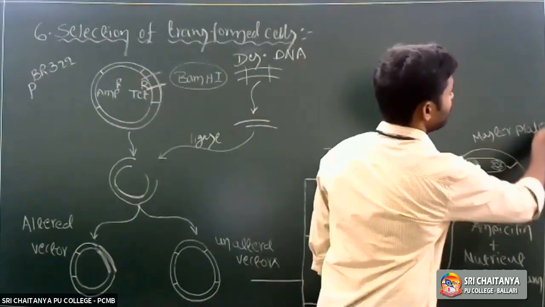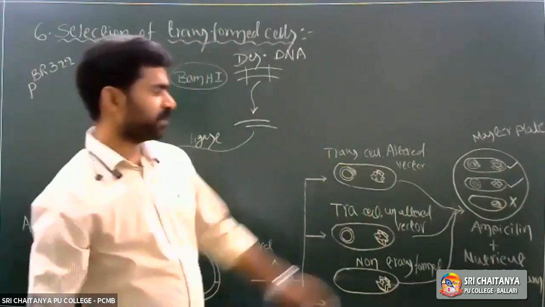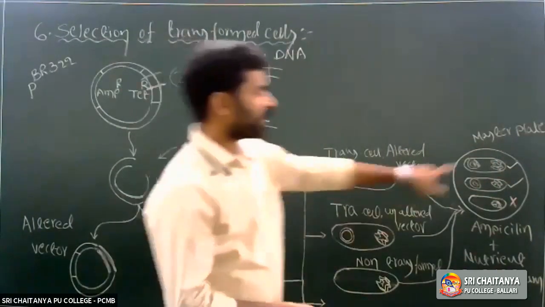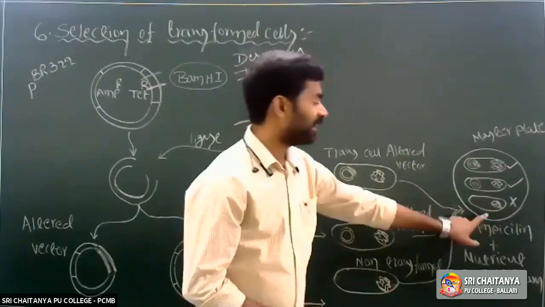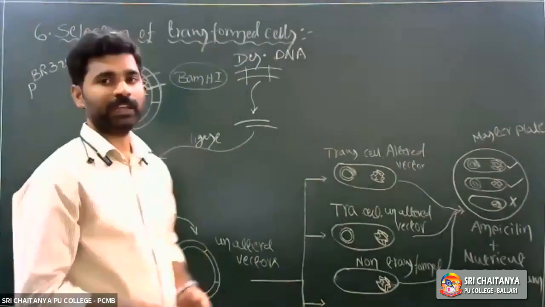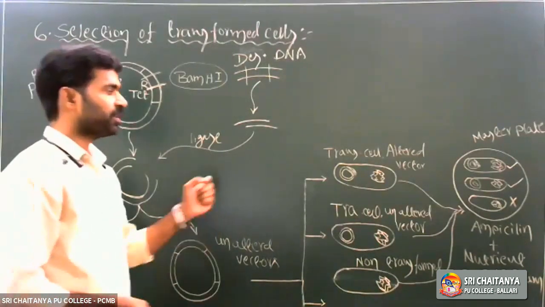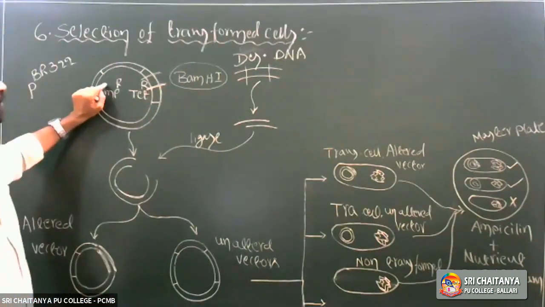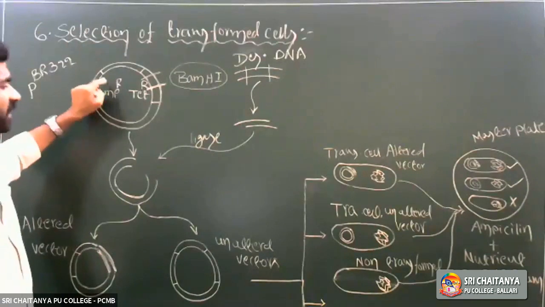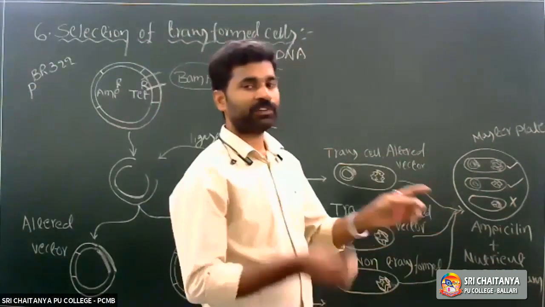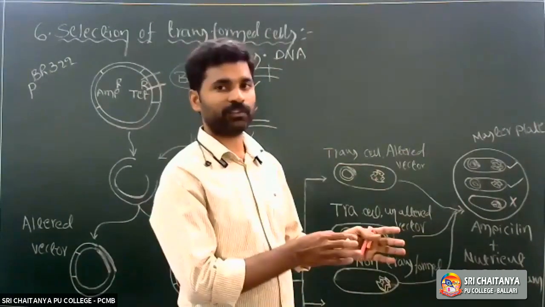So in that master plate, which type of medium did we observe? Ampicillin medium. In that ampicillin medium, only transformed cells can survive and non-transformed cells are eliminated. What is the use of the ampicillin resistant gene here? That ampicillin resistant gene helps in separation of transformed cells and non-transformed cells.